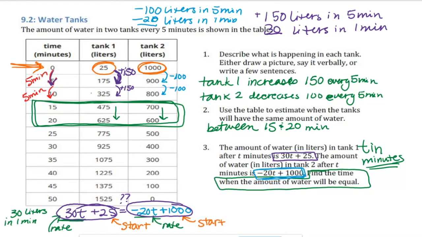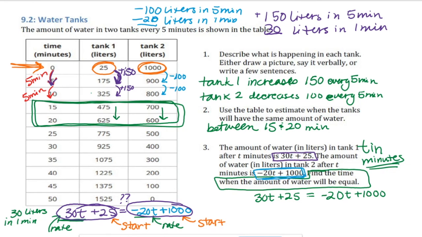I'm going to set up the expression for tank 1 and make it equal to the expression in tank 2. Because it literally says, when are they going to be equal? So take the equations you're given, or the expressions, and make them equal.